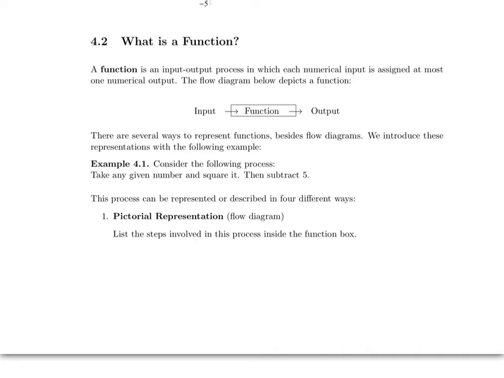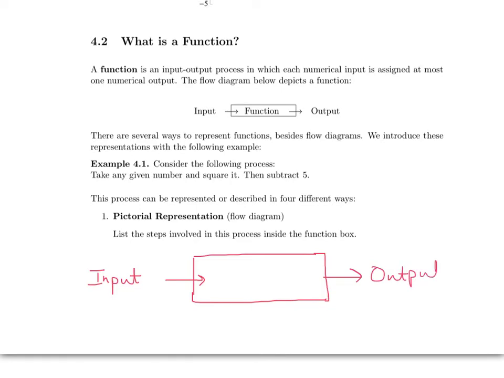Okay, so the thing to start off with is making a box to contain the process. So in this process we have our inputs and we have our output. Okay, what does this process do to numbers? Well, the first thing that this process does is it squares a number.